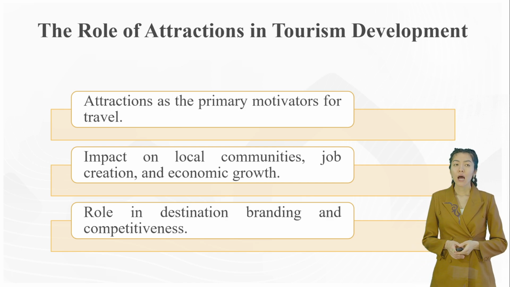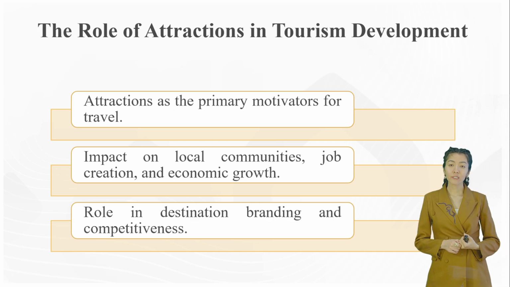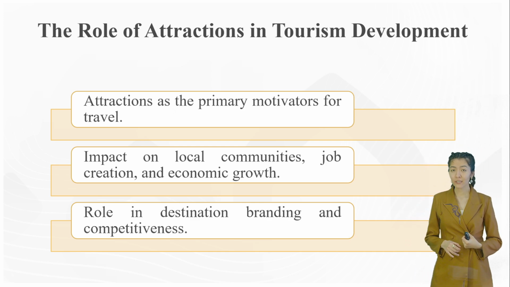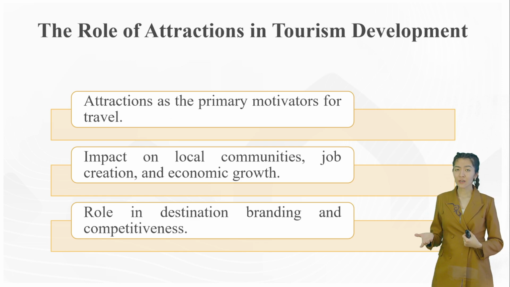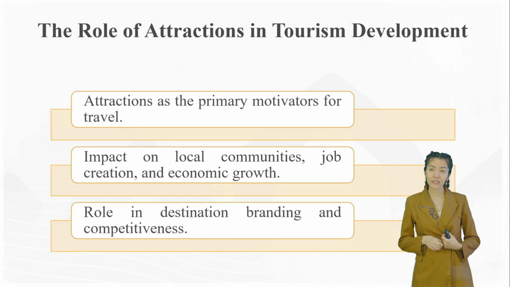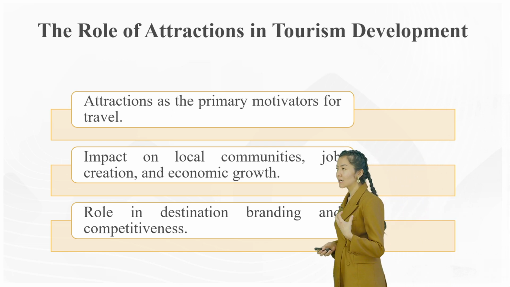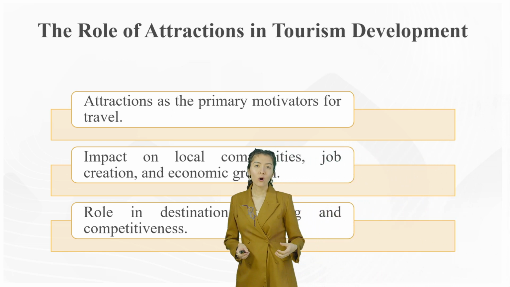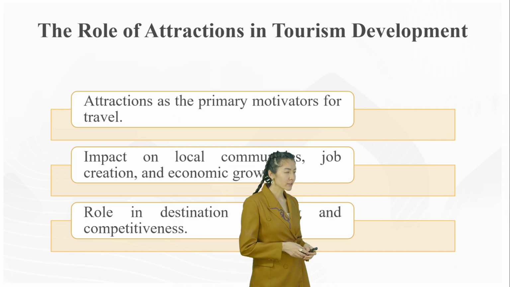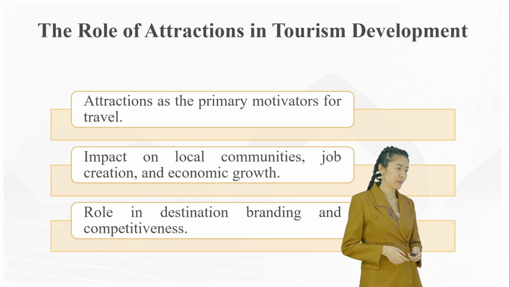It means that local communities can engage in creating such tourism infrastructure. Thirdly, the role in destination branding and competitiveness. It means that attraction can ensure the branding of a tourist destination and also its level of competitiveness.